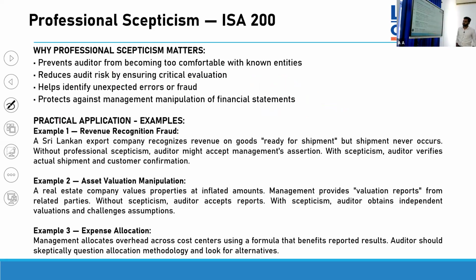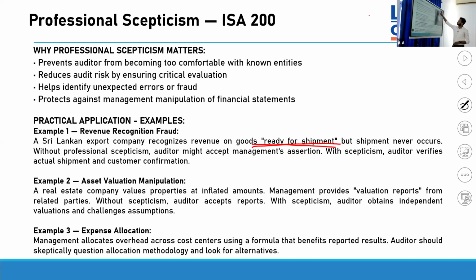Example one: a Sri Lankan export company recognizes revenue on goods ready for shipment. What is the standard applicable for revenue recognition? Can anyone tell? Very good, it is SLFRS 15.